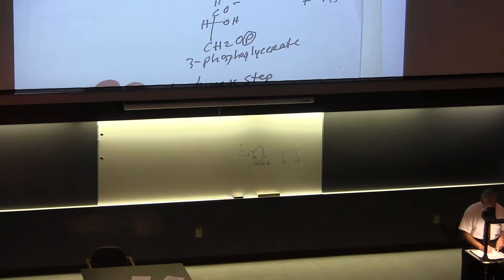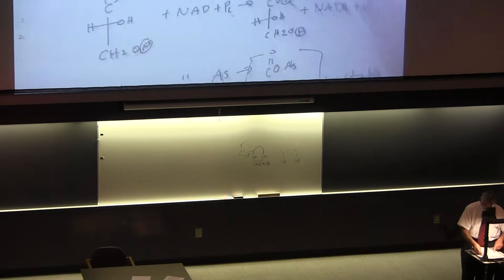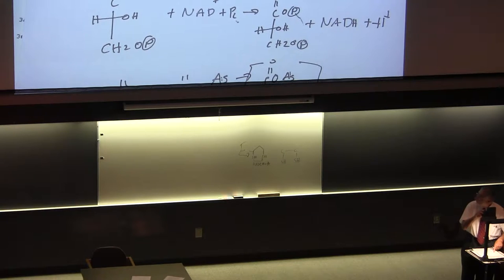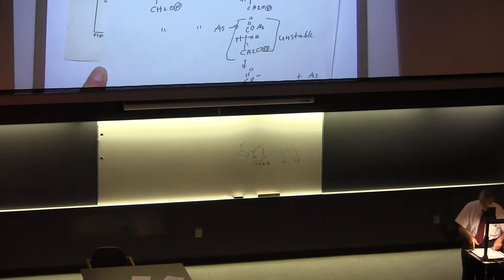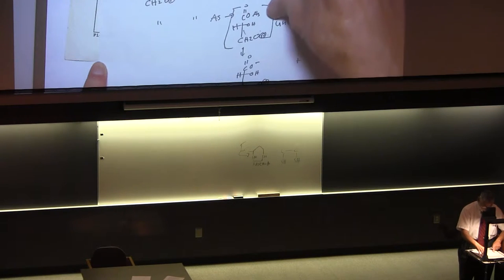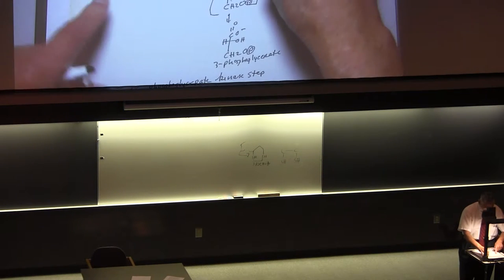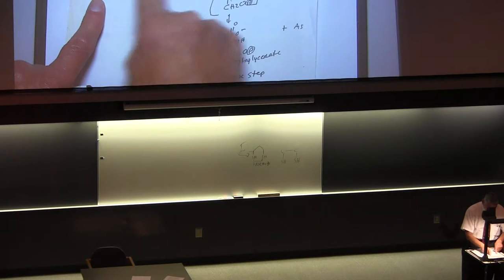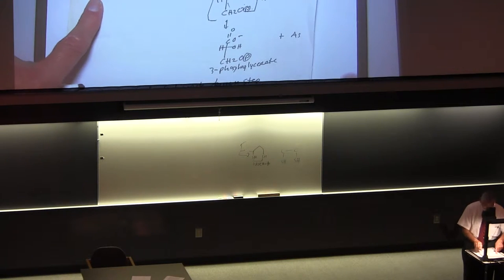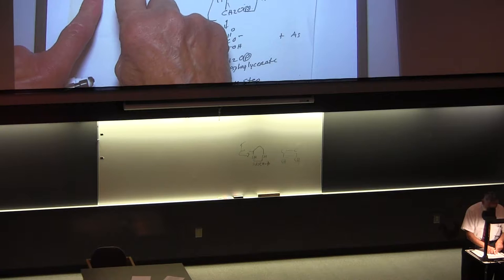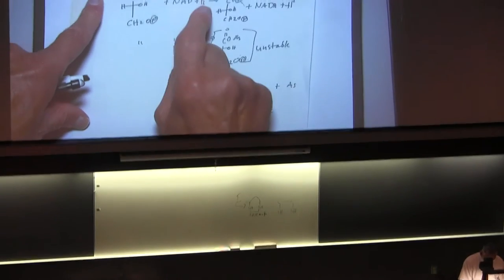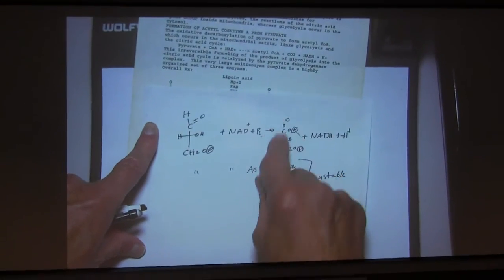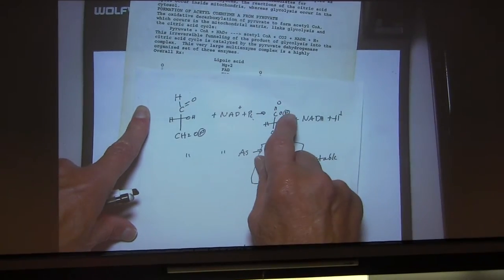Glyceraldehyde 3-phosphate, the dehydrogenase step. So when we talk about glyceraldehyde 3-phosphate dehydrogenase, this was the overall reaction: glyceraldehyde 3-phosphate is reacted with NAD, and you make this compound, C double bond O, phosphate.